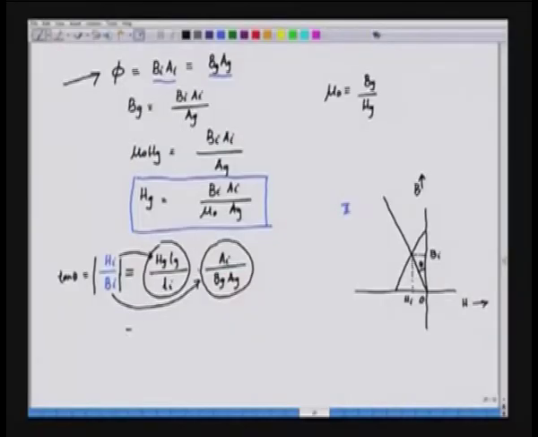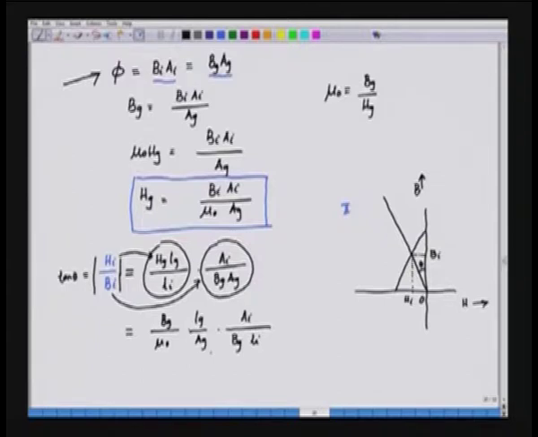So, we can say here that this is Bg by mu naught into Lg by Ag, I will separate this out, into Ai by Li by Bg.